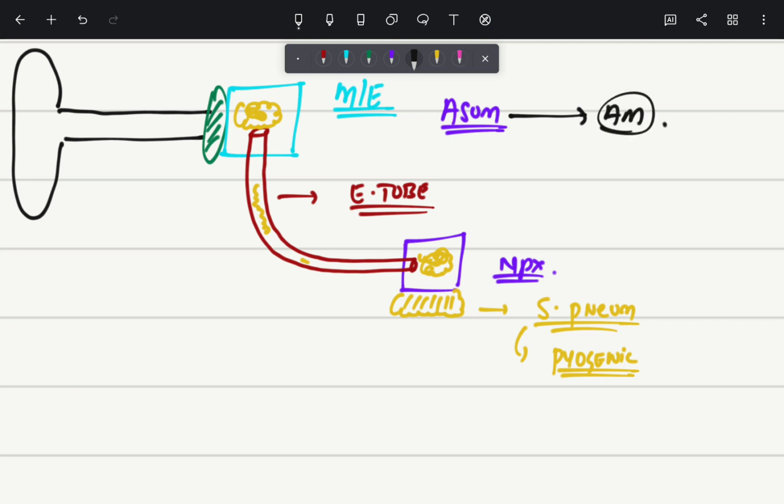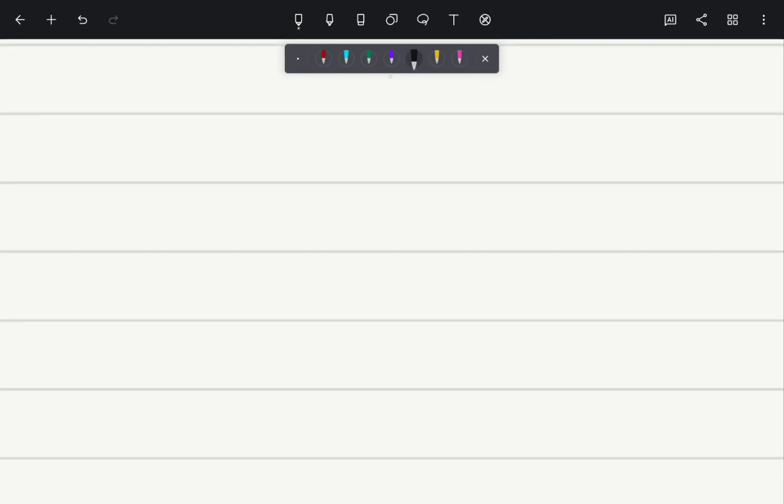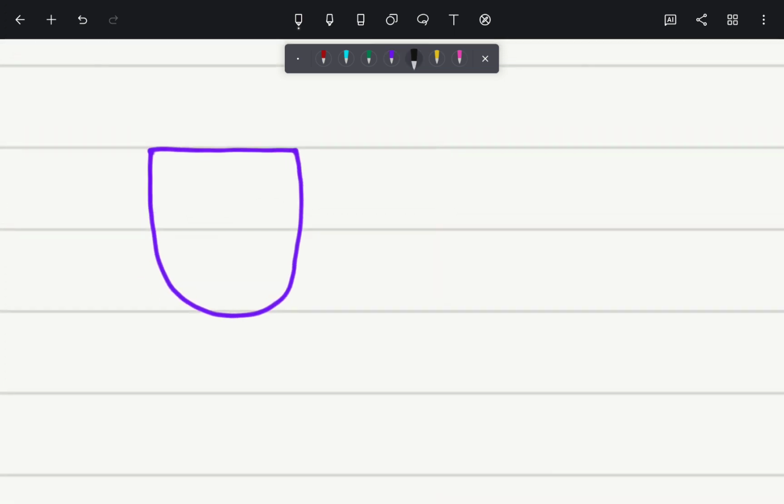Now we will see what are the complications of acute mastoiditis by drawing a small diagram here. So this is the mastoid. Inside the mastoid we have hollow air-filled cavities, and these hollow air-filled cavities are your air cells. So inside mastoid we have the air cells.